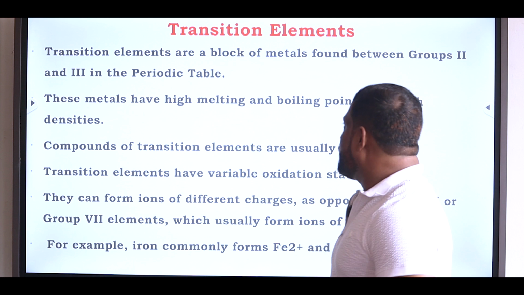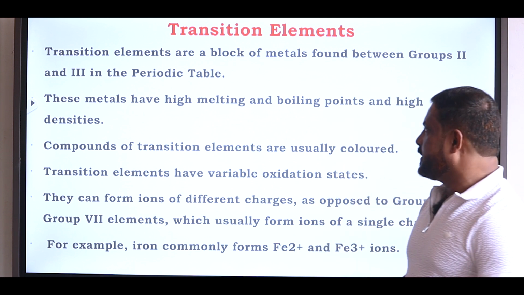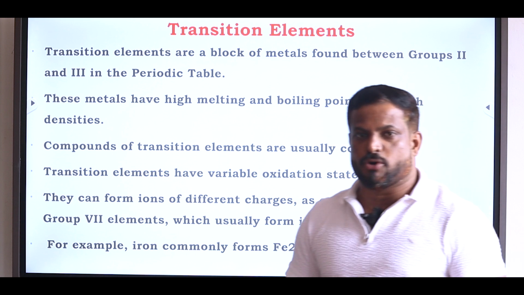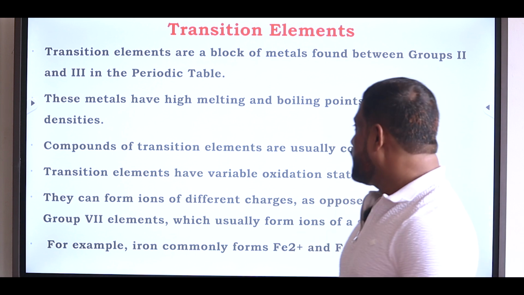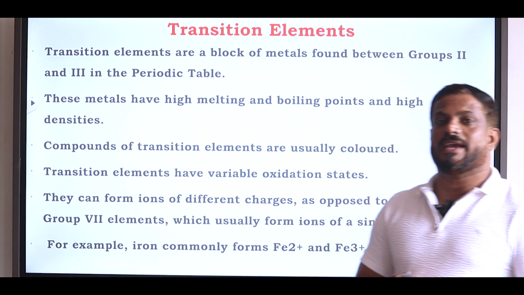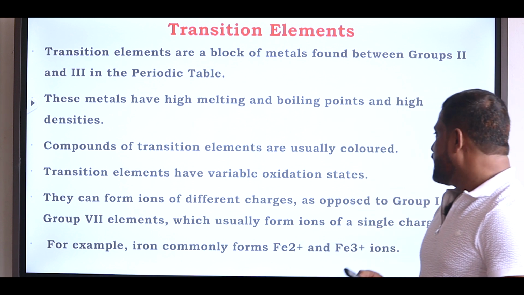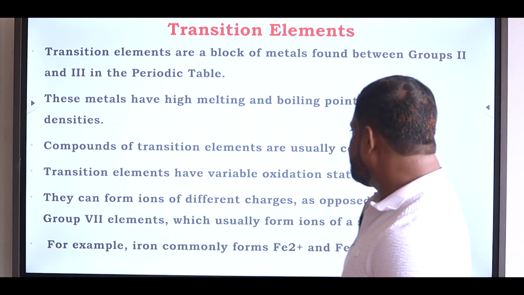Transition elements are a block of metals found between group 2 and 3 in the periodic table. They have high melting points and high boiling points. They usually form colored compounds. They show variable oxidation states. They can form ions of different charges.